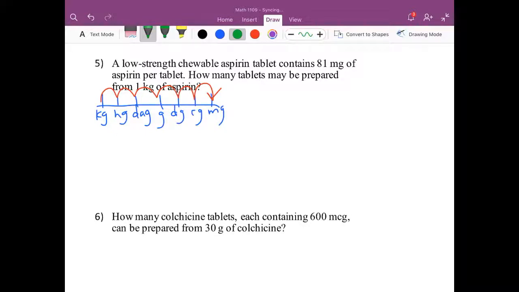So my 1 kilogram, 1, 2, 3, 4, 5, 6 to the right, becomes 1 million milligrams. So now I'm going to take my 1 million milligrams and divide it by 81 milligrams.